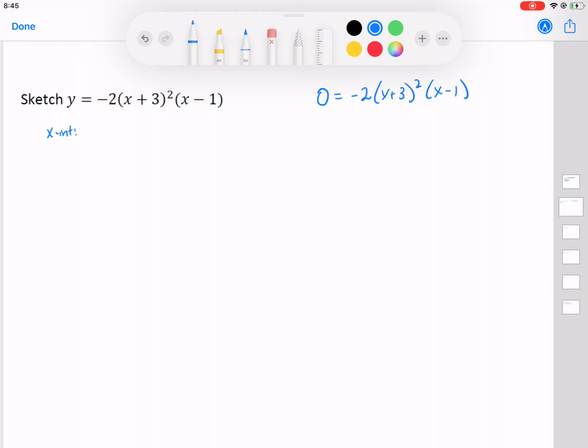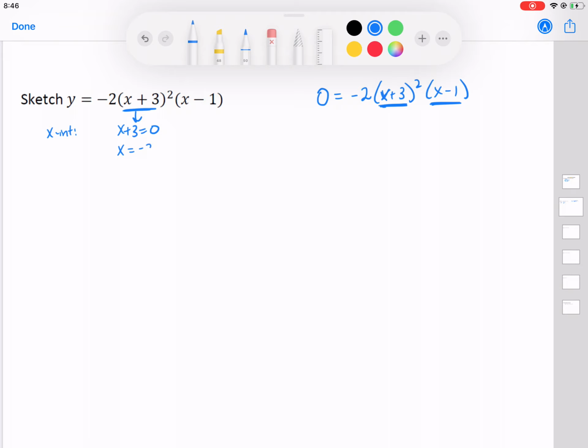In fact, x-intercepts are really hard to find unless you're in factored form. That's the reason we put it in factored form. Because when it's in factored form, we just need to find what's going to make each factor equal to 0. For instance, this factor right here, x plus 3, we want to figure out what's going to make that 0.